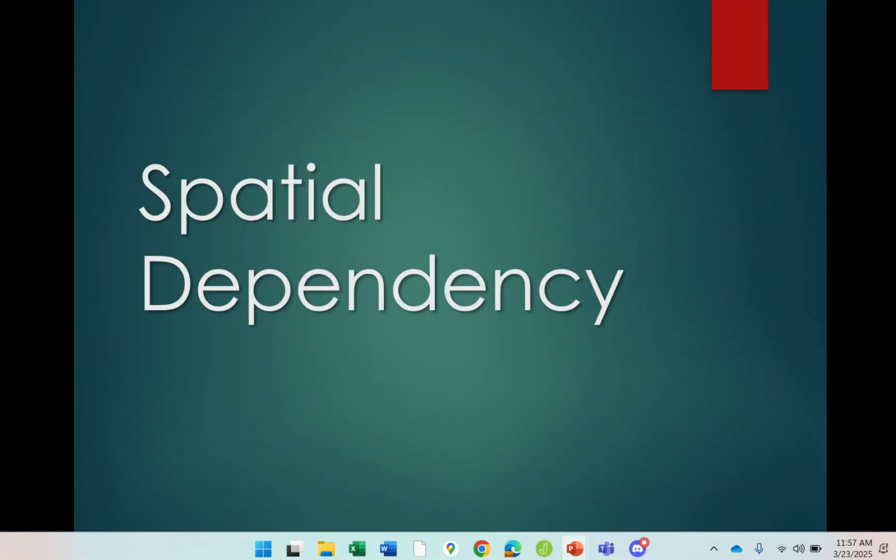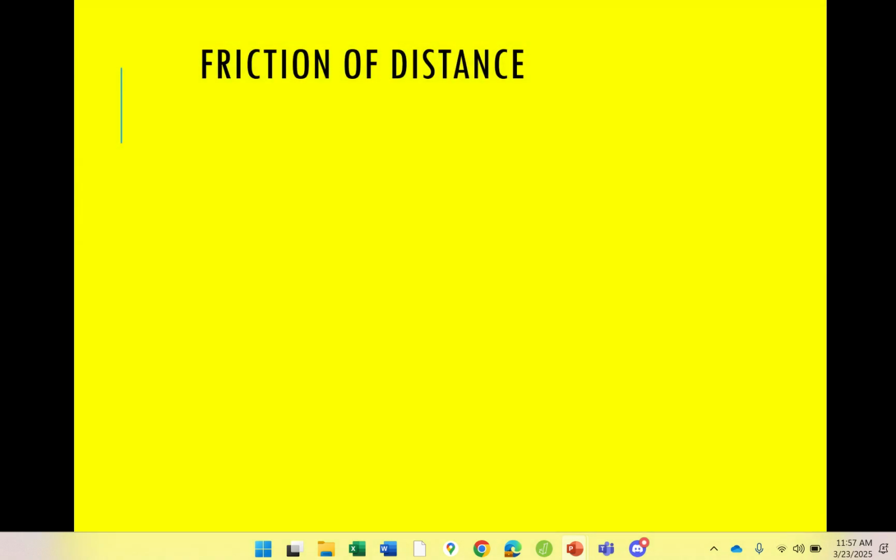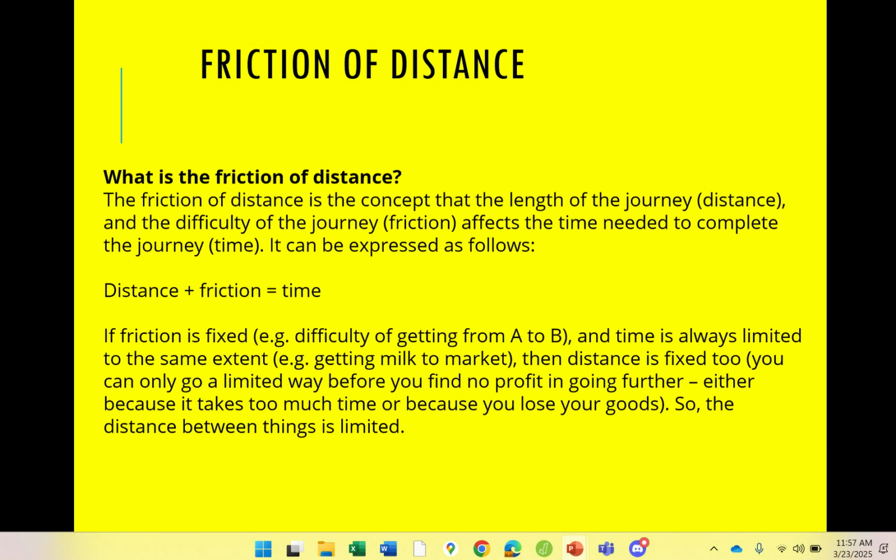Okay, let's talk a little bit about spatial dependency now, something called the friction of distance. So far we've been talking about Euclidean distance, the straight line distance, latitude, longitude, or coordinates between two locations. We also have something called the friction of distance.